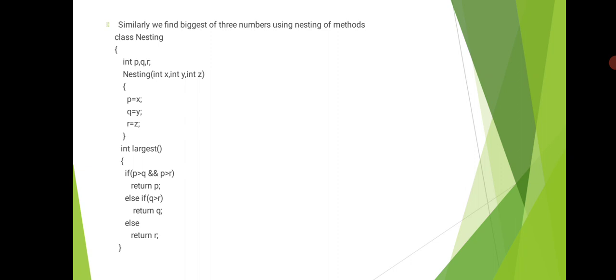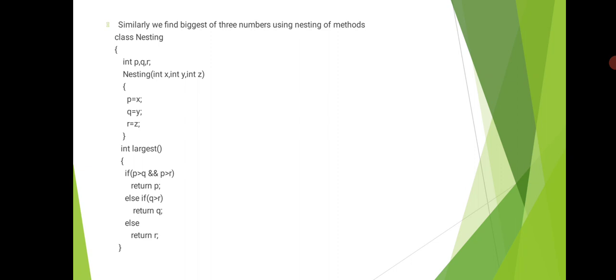Okay, here class Nesting. In this class we have three instance variables, because we are finding the biggest of three numbers, so we should declare three variables, that is P, Q, R, which are instance variables of the Nesting class. Then for these three variables we are initializing the values through the constructor Nesting.